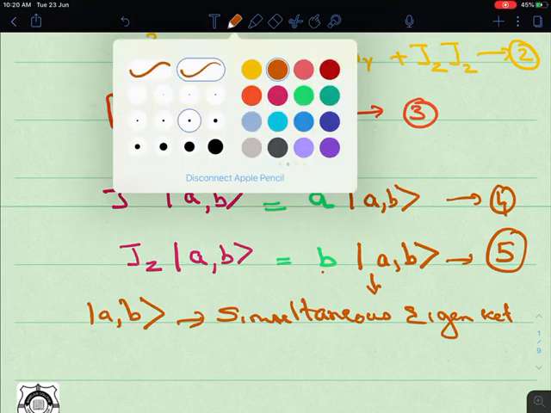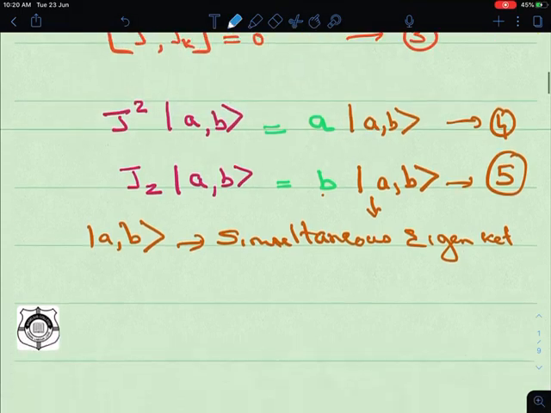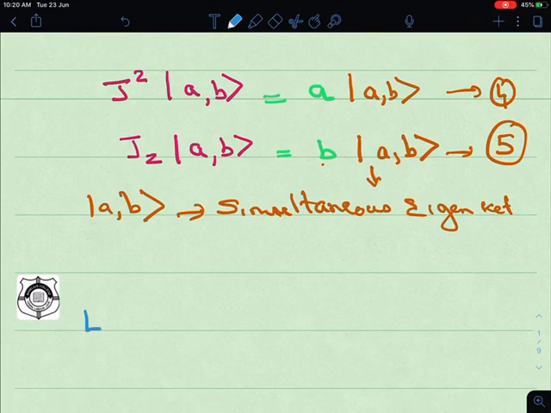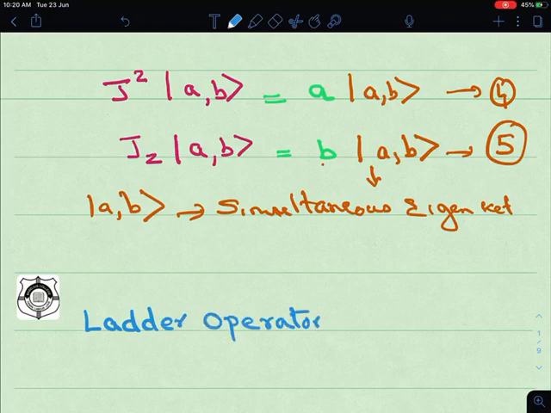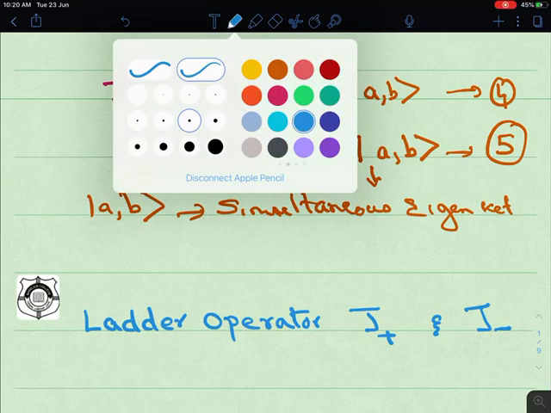Now we'll talk about the ladder operator, denoted as J plus and J minus.